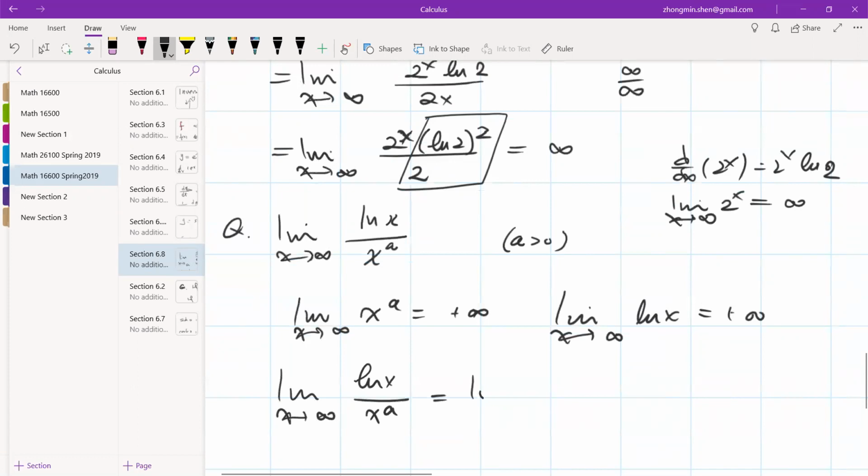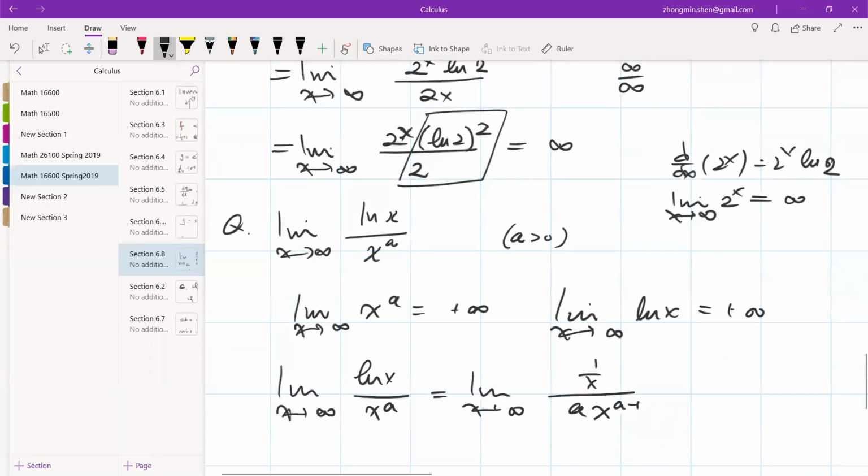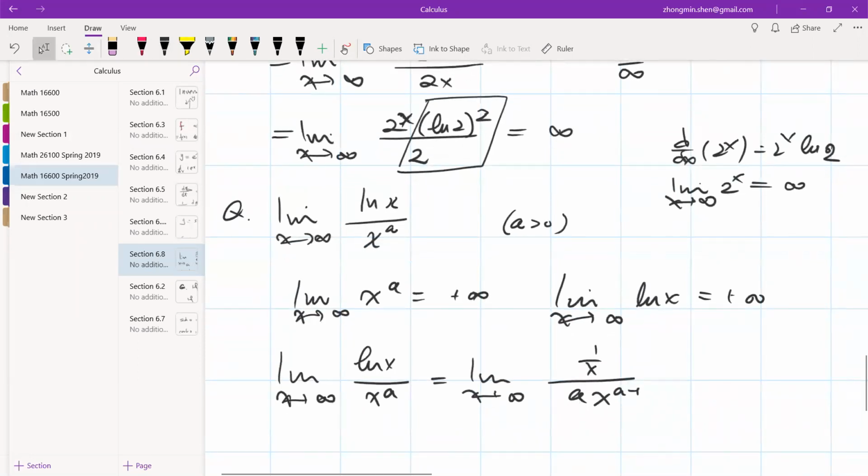The derivative of x to the a is a times x to the a minus 1. The derivative of natural log of x is 1 over x. But it's hard to tell about x to the a minus 1. It depends on the value of a, whether this approaches infinity. So before you do that, you cannot say anything.